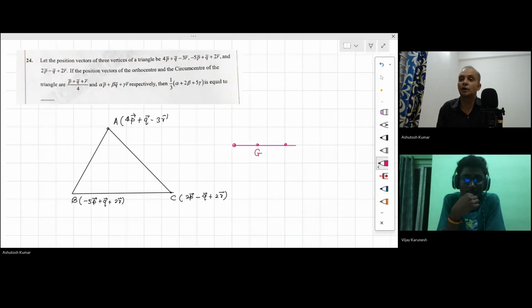So let's say the orthocenter is H. Where should I write H, this side or that side?